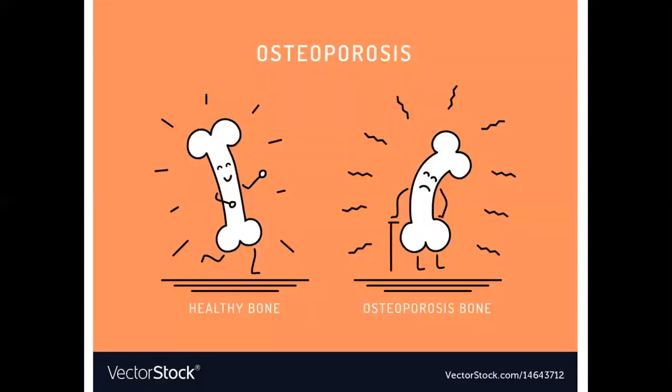So on that note, we'll now discuss the clinical correlation of bone metabolism. A very common condition that is usually under-recognized is osteoporosis. You have a healthy bone that turns into a weak bone, or osteoporotic bone.